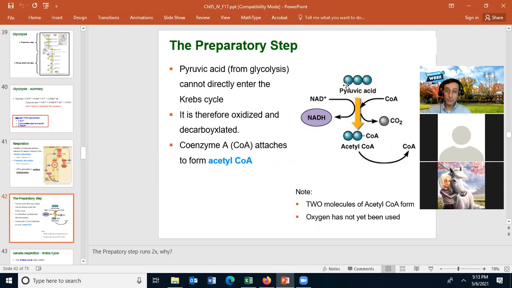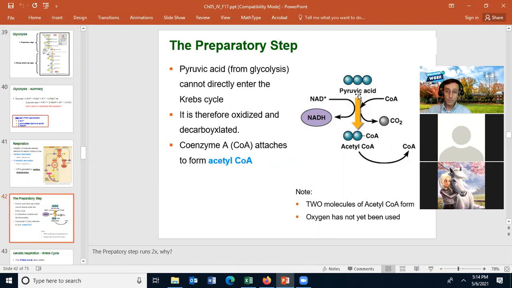Pyruvic acid is a 3-carbon molecule. Acetyl coenzyme A is a 2-carbon molecule. So one of the carbons from pyruvic acid is burned and given off as CO2. In the preparatory step, we do make one NADH for each pyruvic acid.